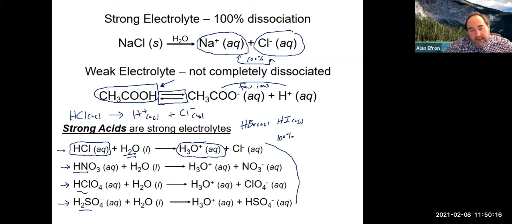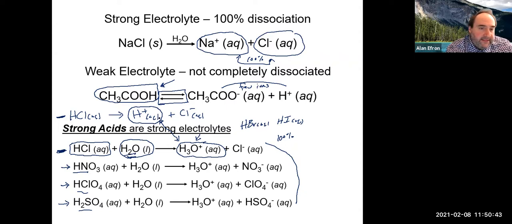This equation I just wrote is basically the same as the equation here. The only difference is the one from the slide had water in it, which is why we produce H3O plus. If you decide not to include water, which is perfectly fine, you won't get H3O plus on the product side. You'll get H plus. And again, these are essentially the same. Any questions on that?